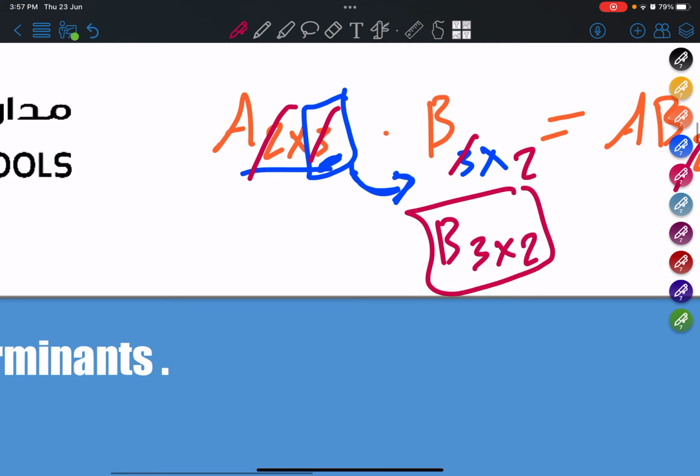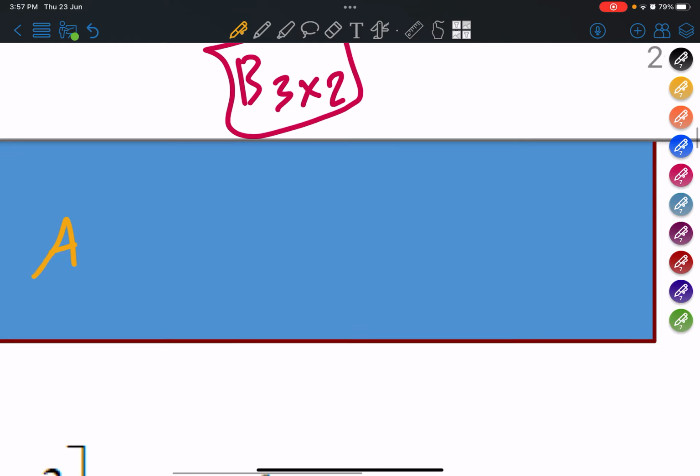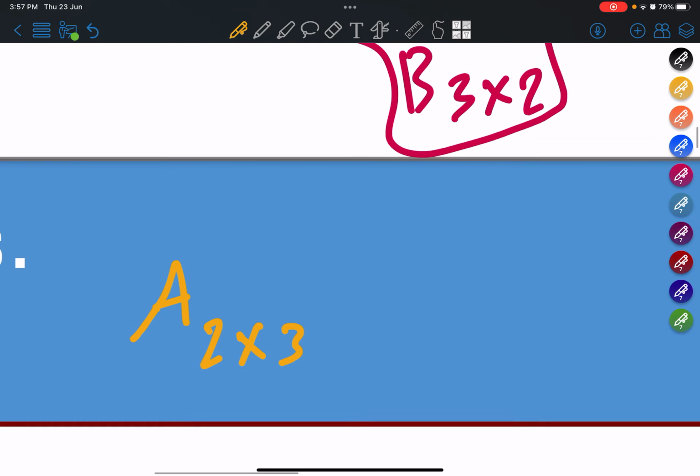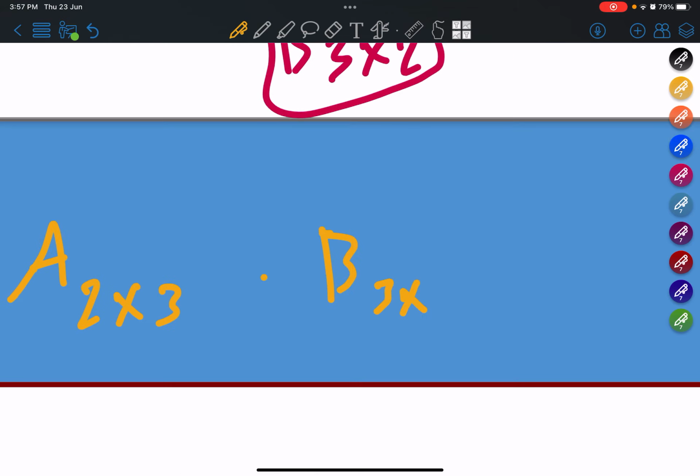Let's make sure that we have the right answer. To check it, we multiply here. The order of matrix A is 2 cross 3, and the order of matrix B is 3 cross 2.